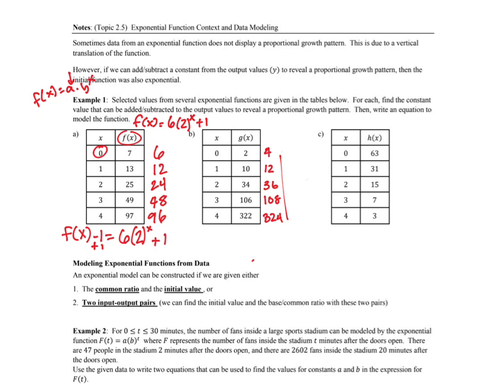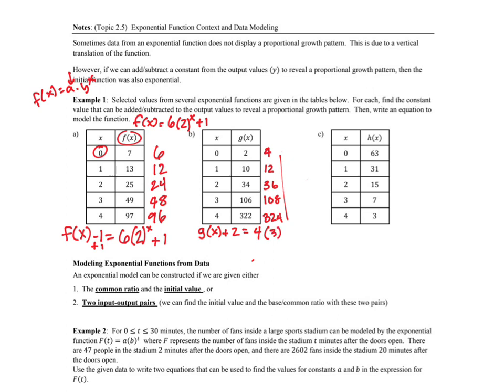Okay, the growth rate here is 3. What I can tell here is if I took my g of x minus 2, right? If I took the g of x function that I see right here on paper, and I added 2 to it, what I would end up getting is 4 times 3 to the x, where the 4 comes from the initial value.